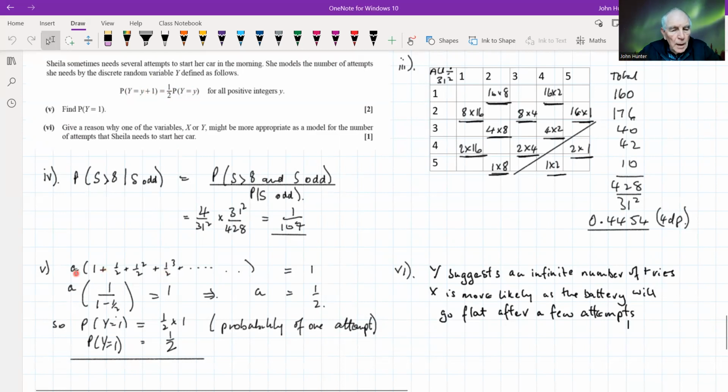So if we work it the same way, let's call the probability of one attempt A, which is what we've done in the first part of the question. Then what we've effectively got is this infinite series here, which actually is one of the reasons why I used the series previously. So this is an infinite series, and it's going to add to 1.